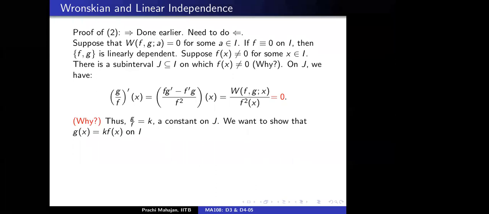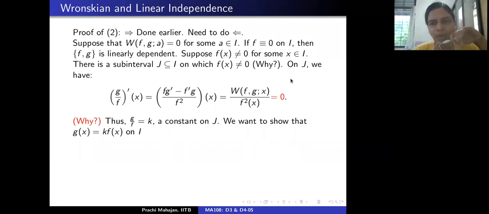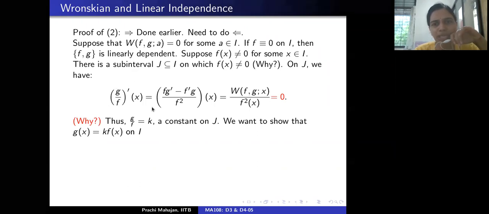So at the points we are anyway assuming that f is 0. We have already considered the non-zero cases. No. So this is under the assumption that f is not 0 at some point of I, right? So we don't know what happens actually outside J. See, all of this is true. The derivative of g by f is 0 only on J. Outside J, we have actually no information as of now.